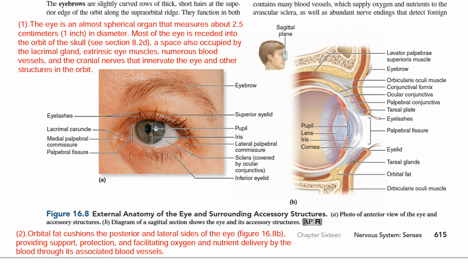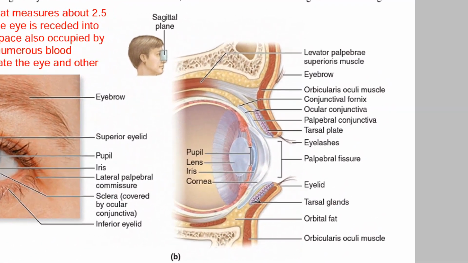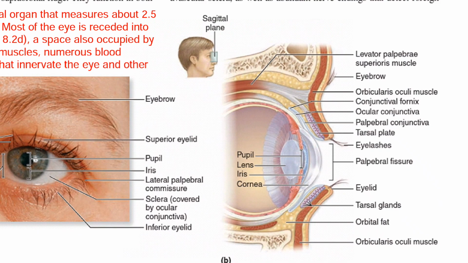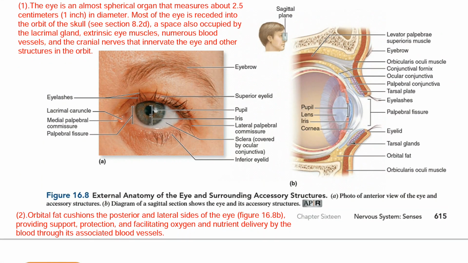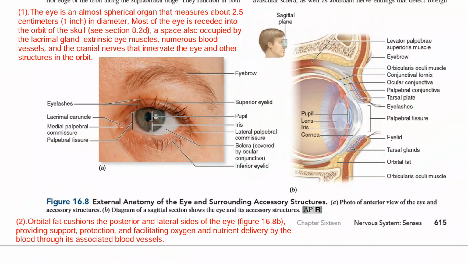So here in this figure, as you can see, our eyeball is shown in the orbit, and you read all the names. And in this figure, this is the external anatomy of the eye and surrounding accessory structures.